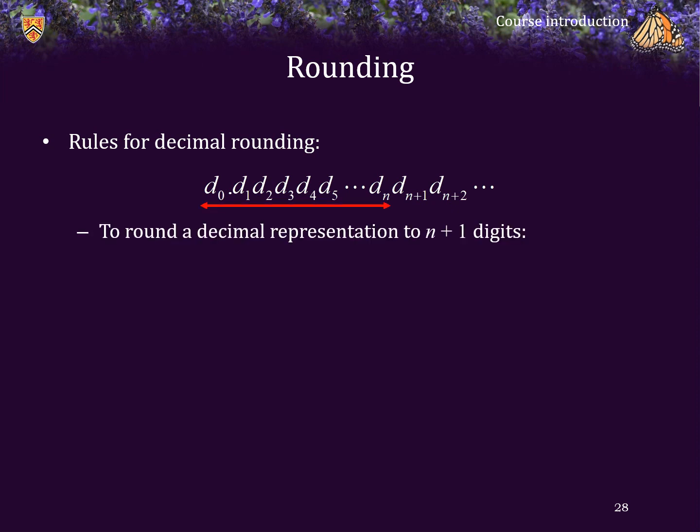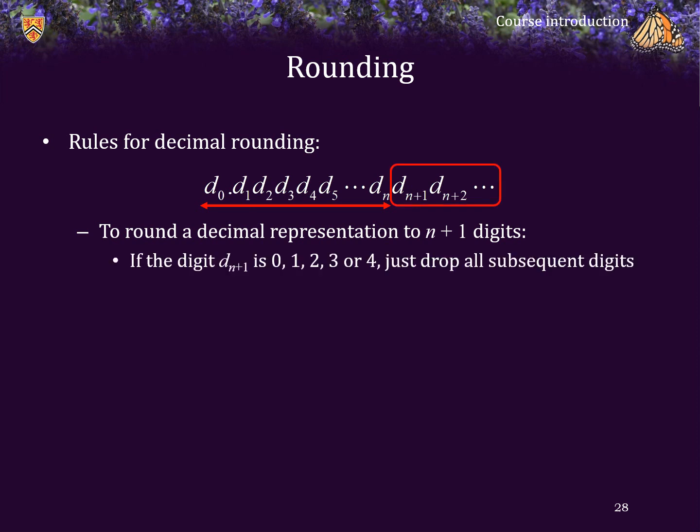To round a decimal representation to n+1 digits, if the next digit is 0 through 4, we simply truncate all subsequent digits.